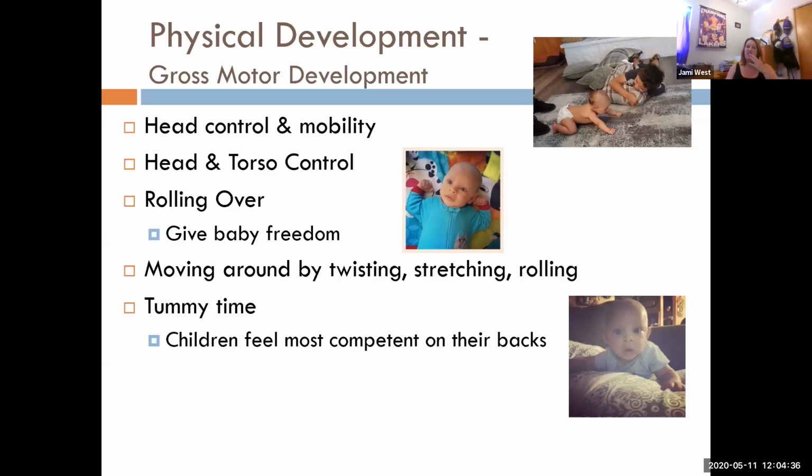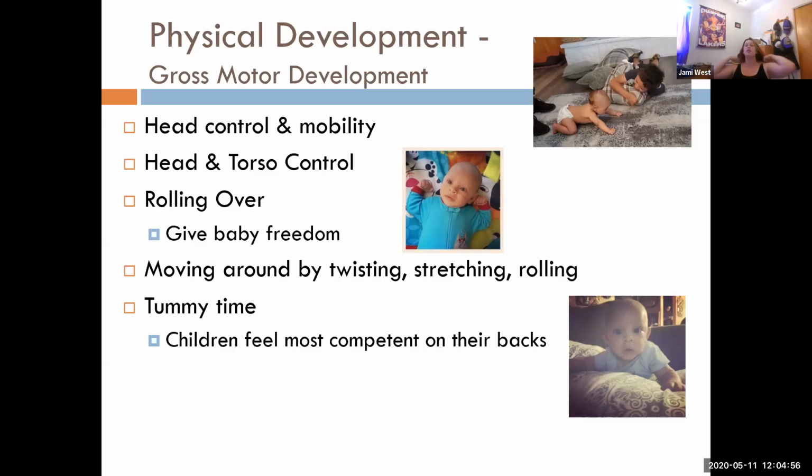The first thing that we see for their gross motor development is the skill of being able to control their head, okay? What you see at infancy is a complete inability. They cannot hold their head up.